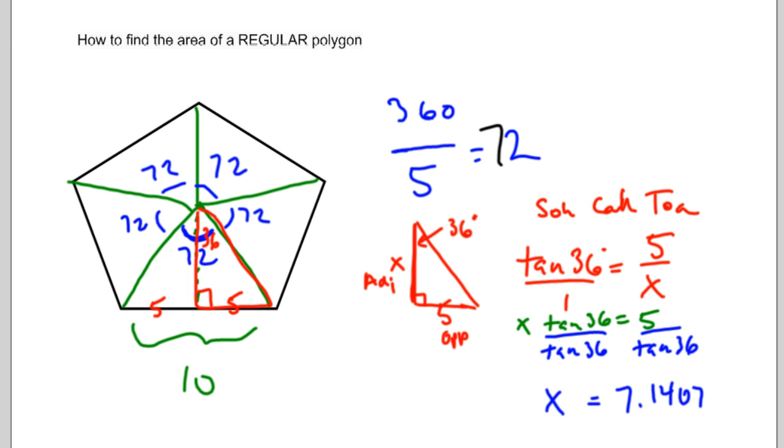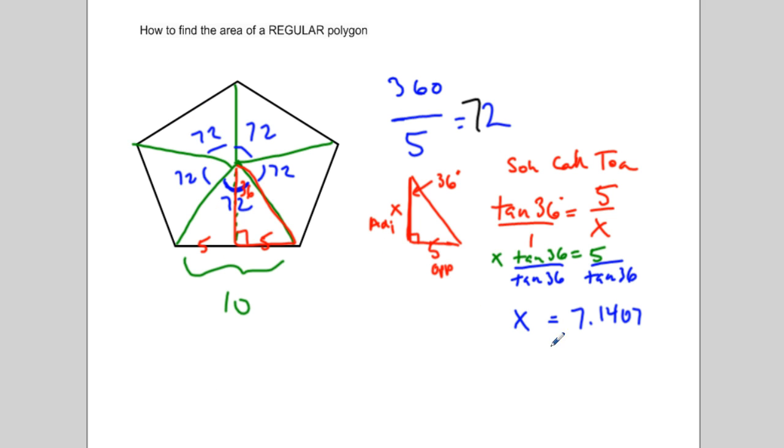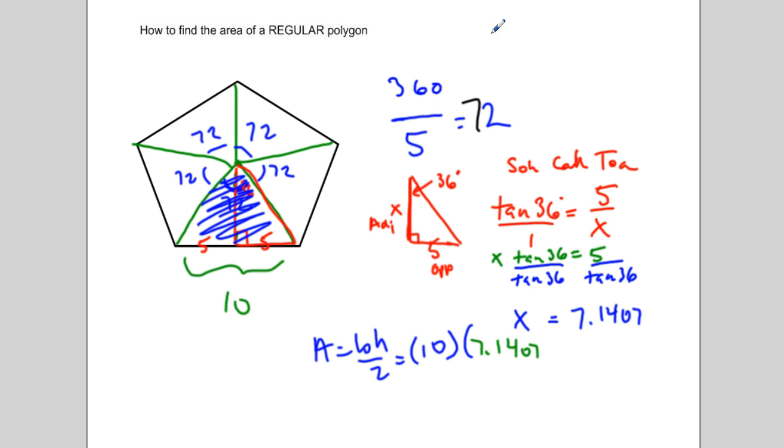Okay, so now, the area of a triangle is base times height divided by 2. So the base, let's go with this whole triangle, this whole thing right here. The base is 10 times the height that I just discovered, 7.1407. I'm going to divide that by 2.